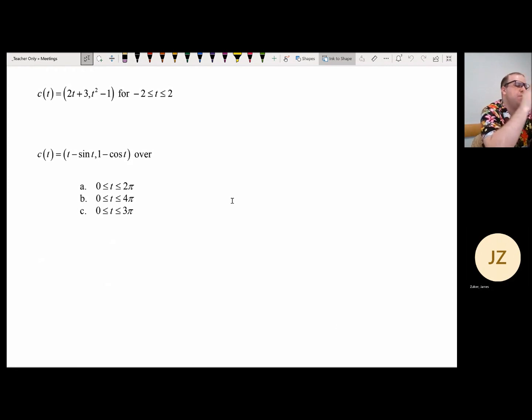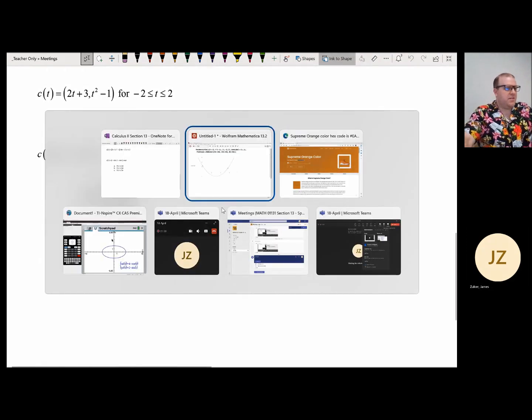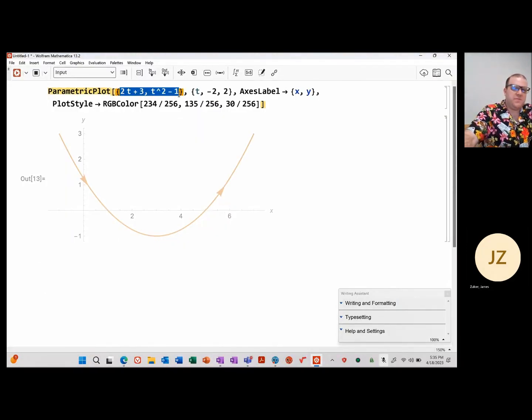We're going to look at t minus sine of t, 1 minus cosine of t. Have some fun with this one. I'm just going to show you.